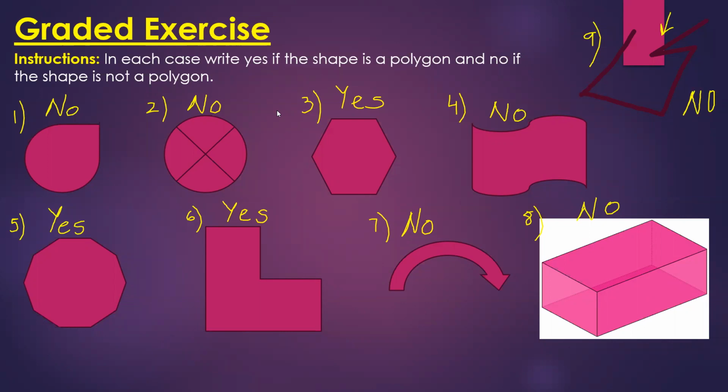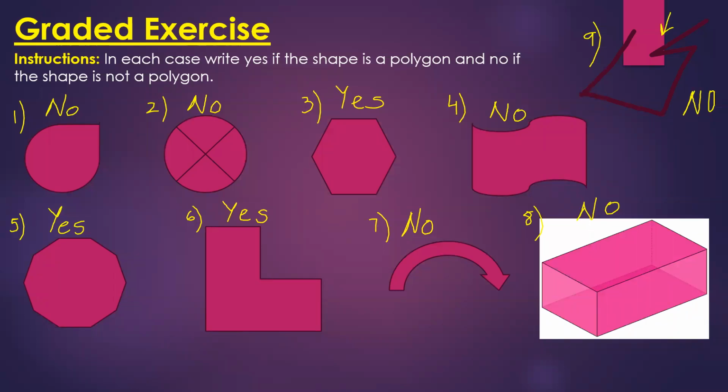Yes, sir. What number were you on, Kai? Did I give you a number? No, sir. Okay. Why is number 5 a polygon? Because it's not spherical.